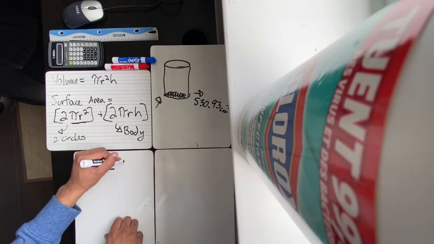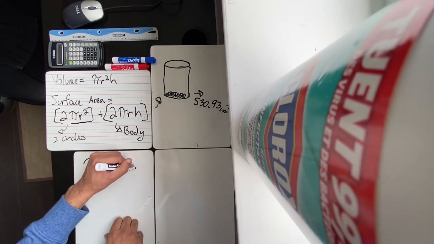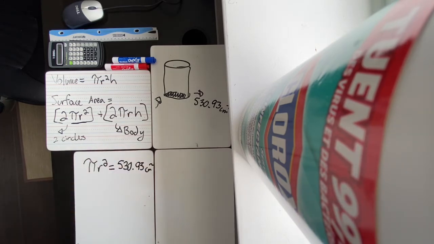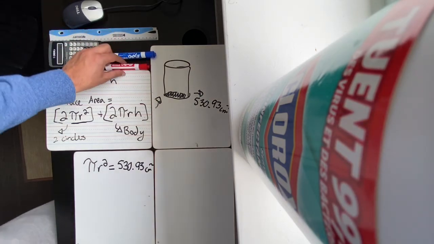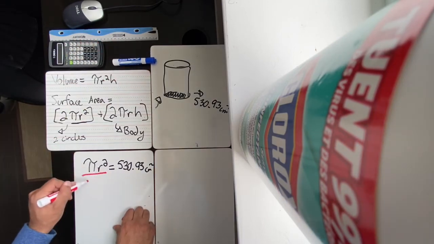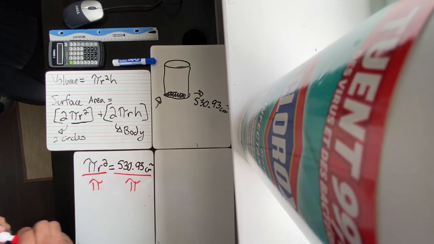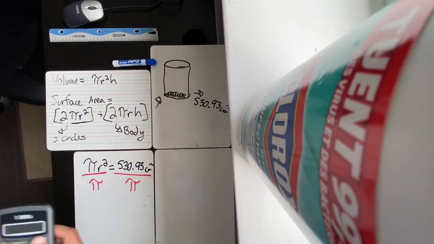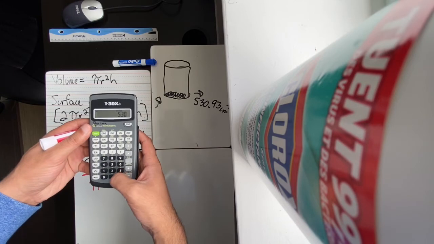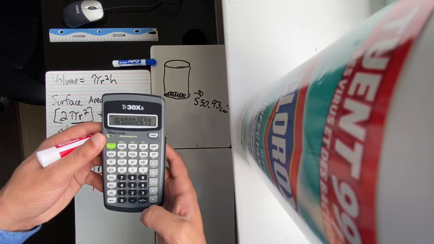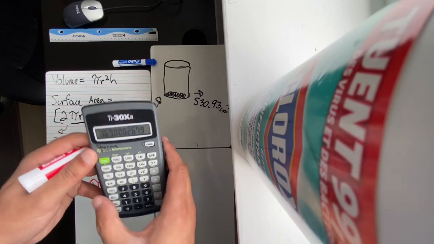Pi r squared equals 530.93 centimeters squared. What can I take away first from this one? Obviously, it's going to be the pi. That's the only thing we know in this question. So I'll divide this side by pi, which means we divide this side by pi. 530.93 divided by pi equals 169.000.